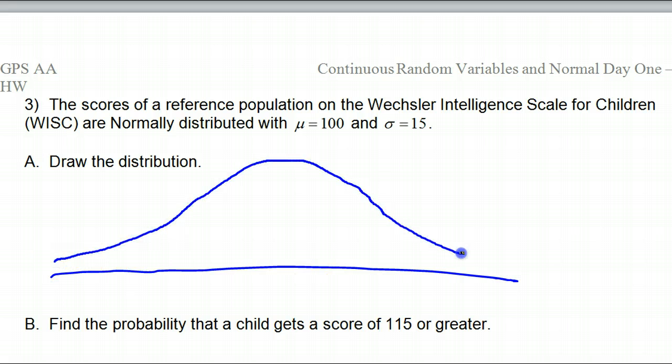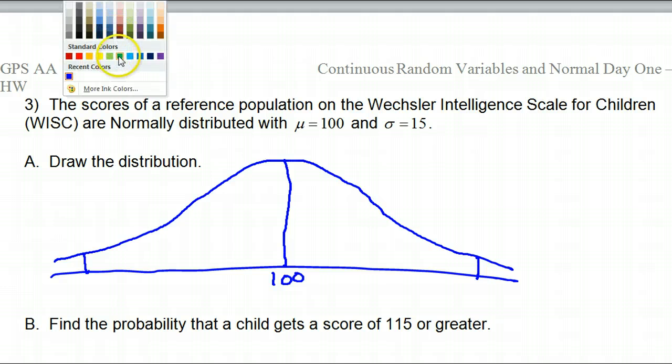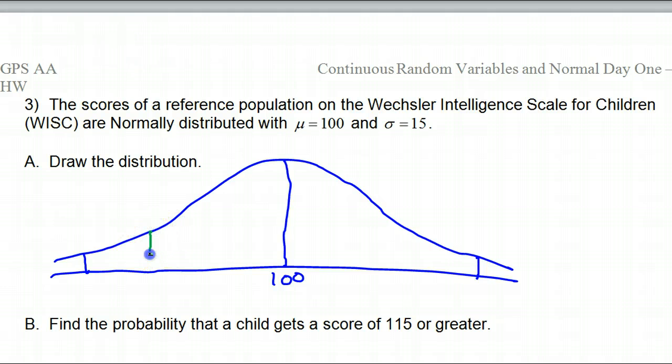Your mean is going to be right here in the middle, so there's 100 for you. Put a couple of lines near the end, put a couple more in between, like so. These represent your standard deviations.